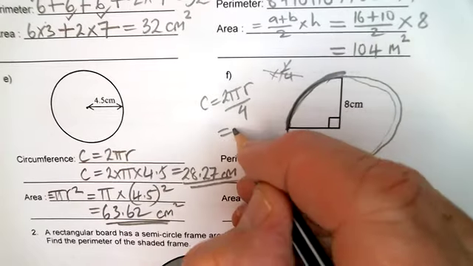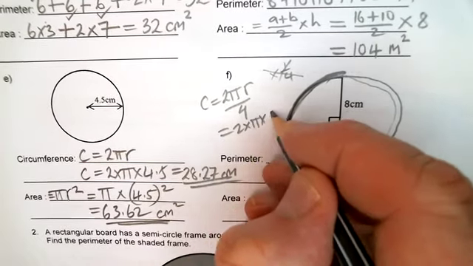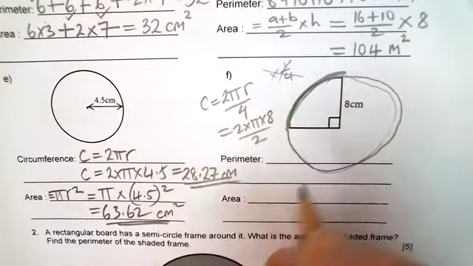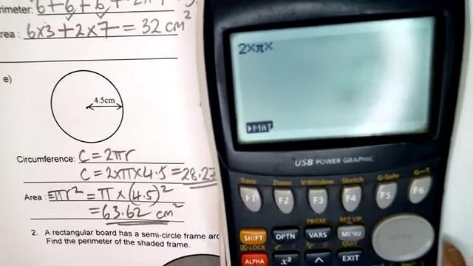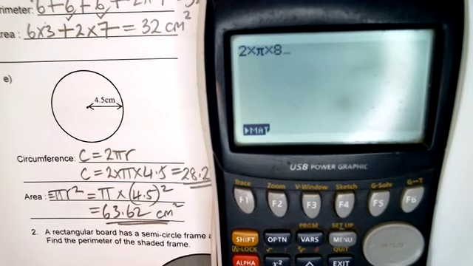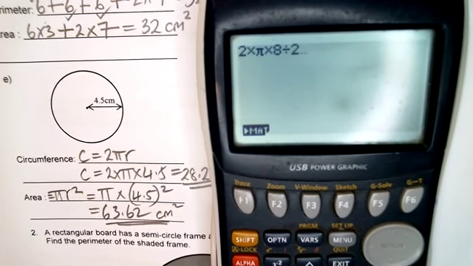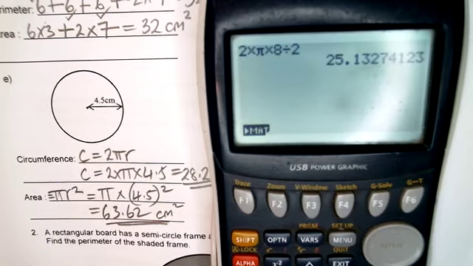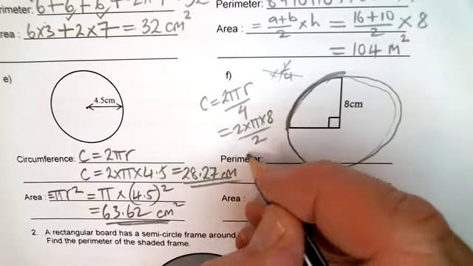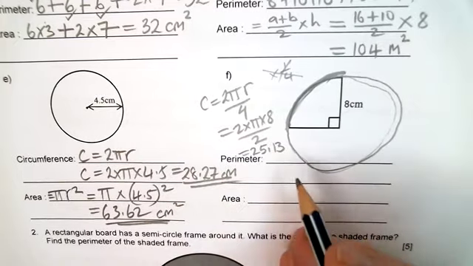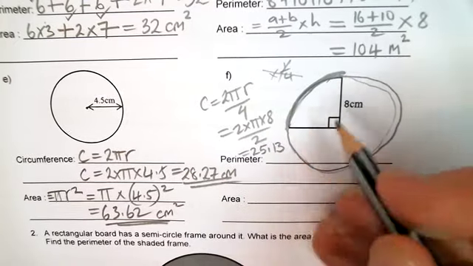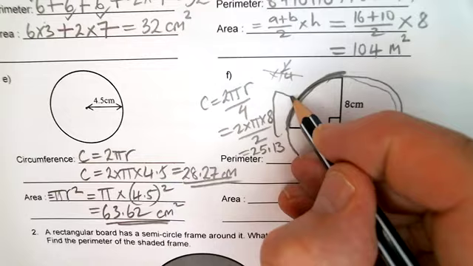So 2 times pi times 8, and I'm just going to divide it by 2. There it is, and that's 25.13.